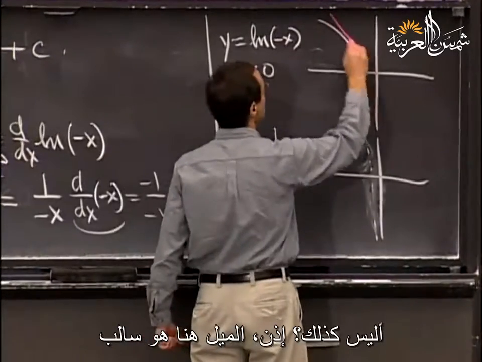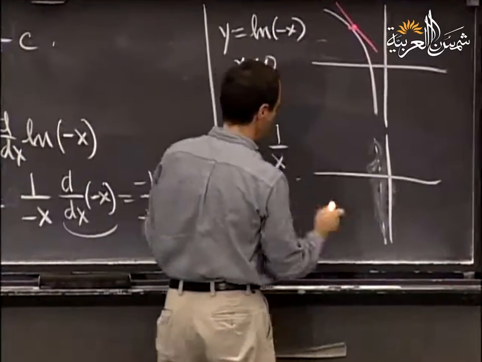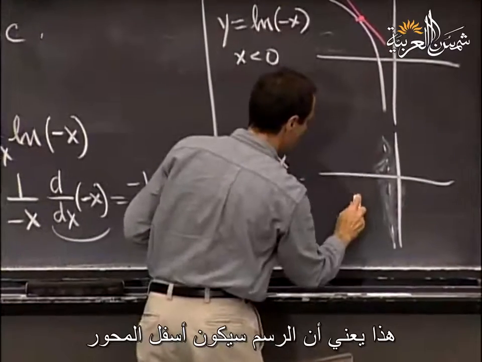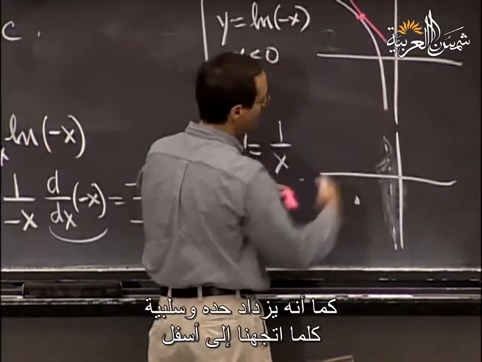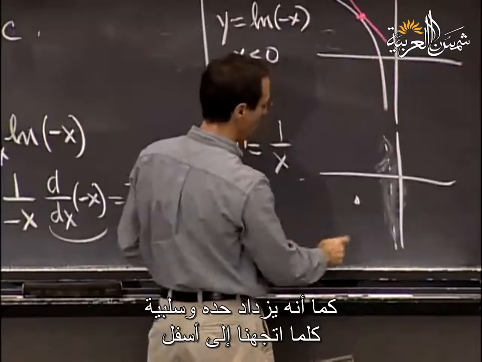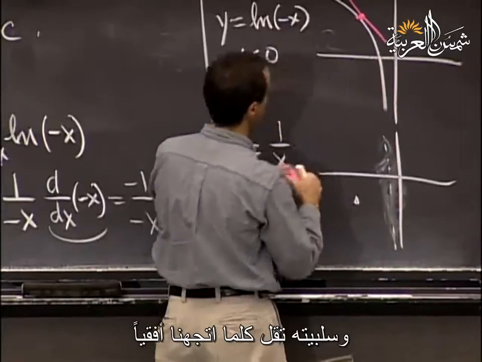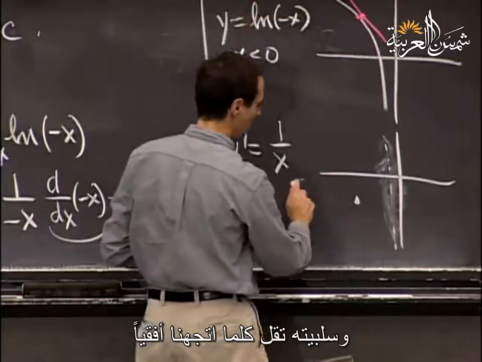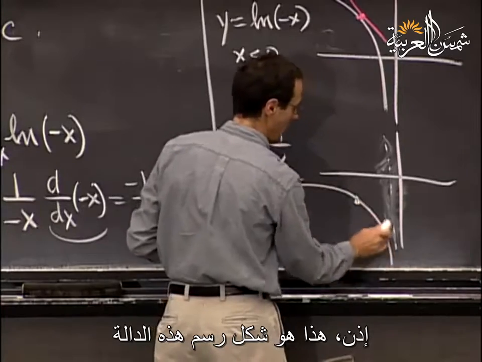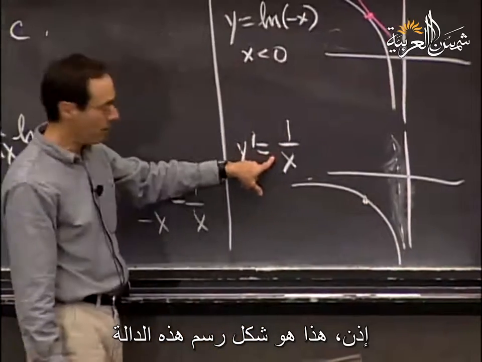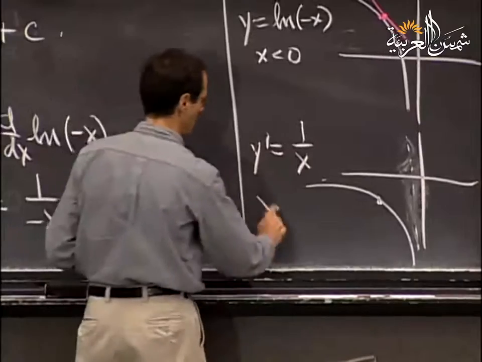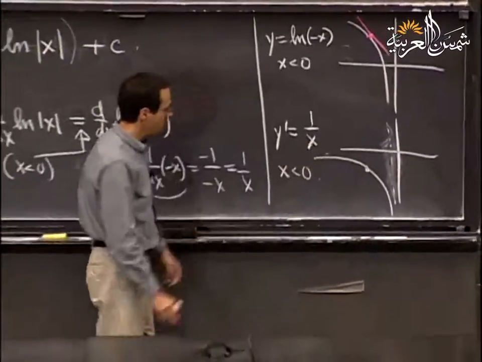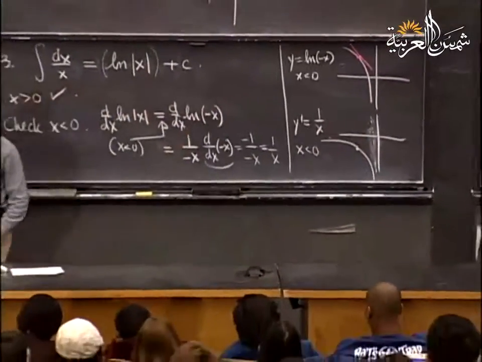Right? So here, the slope is negative, so it's going to be below the axis. And in fact, it's getting steeper and steeper negative as we go down. So it's getting less and less negative as we go horizontally. So it's going like this, which is indeed the graph of this function for x negative. Again, x negative. All right?